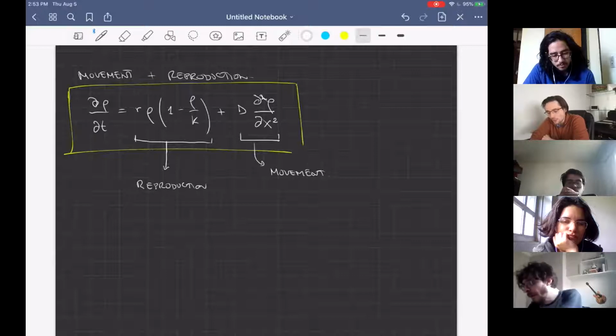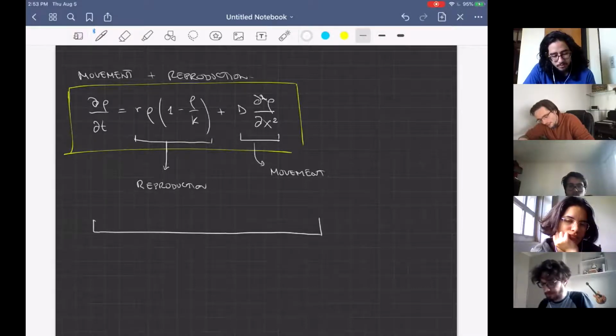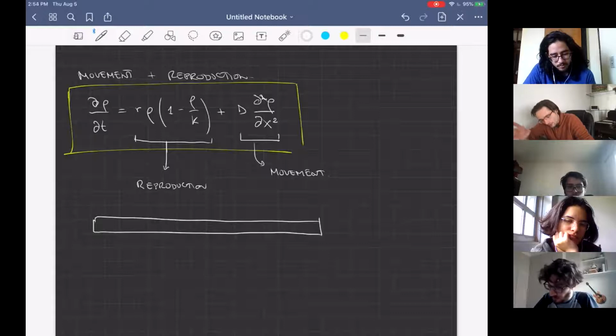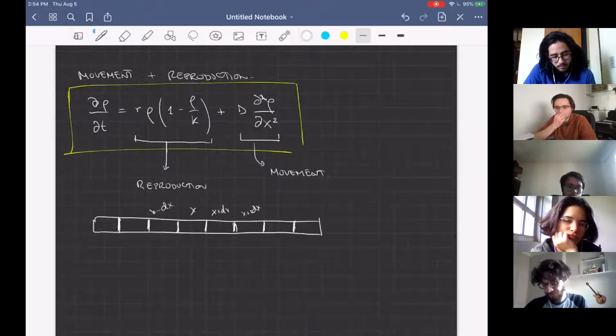This equation is basically assuming that if I have my lattice, and now instead of drawing my lattice as a series of marks, I'm going to divide my space in cells. Being a little bit more rigorous, this is x plus dx, x plus 2 dx, x minus dx, and so on and so forth.